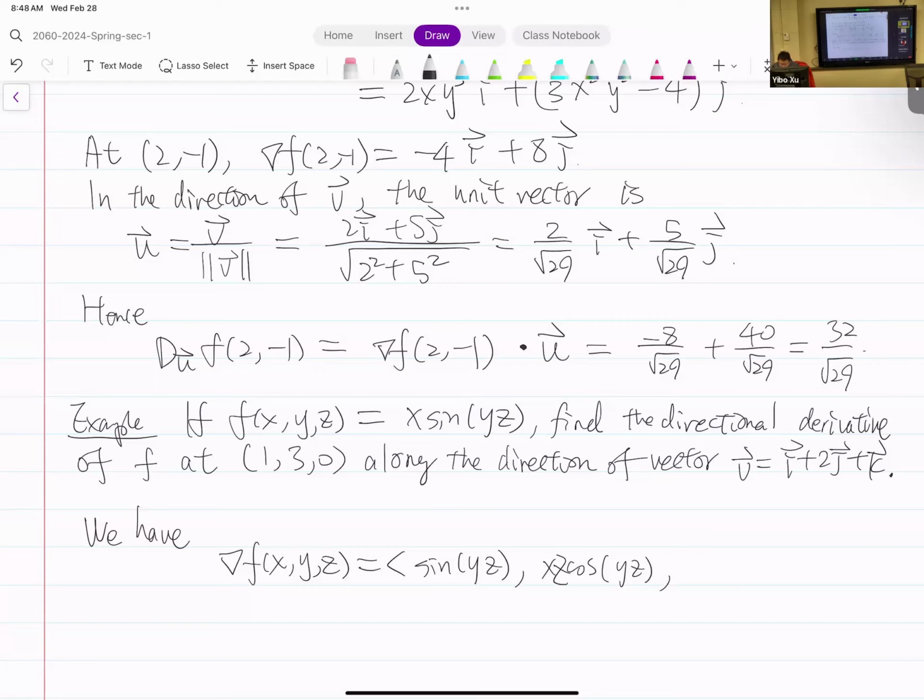And then the partial derivative with respect to z is the same thing. x is the constant multiplier, sine gives you a cosine, plug in the inner, and multiply by the derivative of the inner.